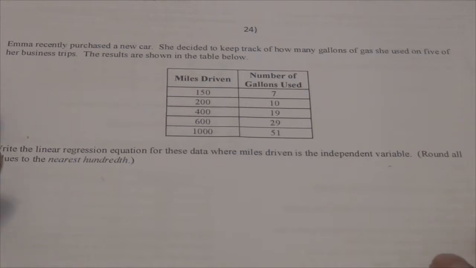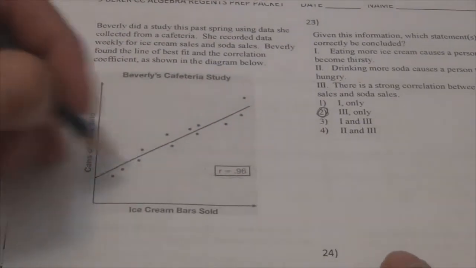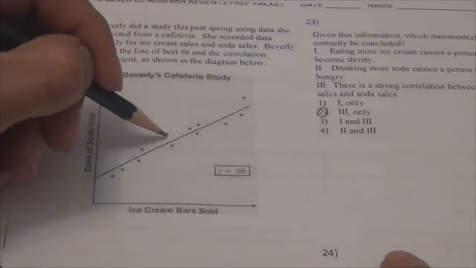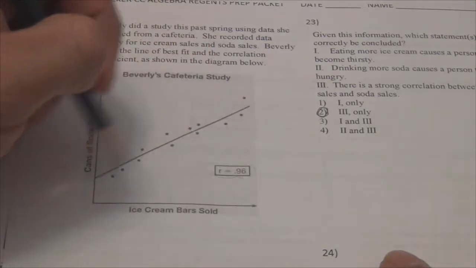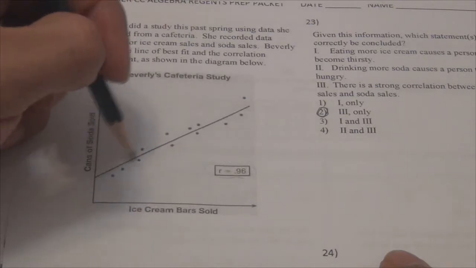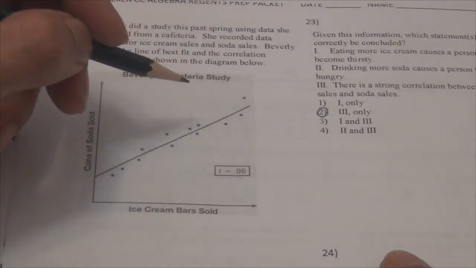So a linear regression. What is that? Well, this is a linear regression. This line of best fit is called the least squares regression. This is the equation that came up from all these points. This is the line that best determines the relationship of these points.